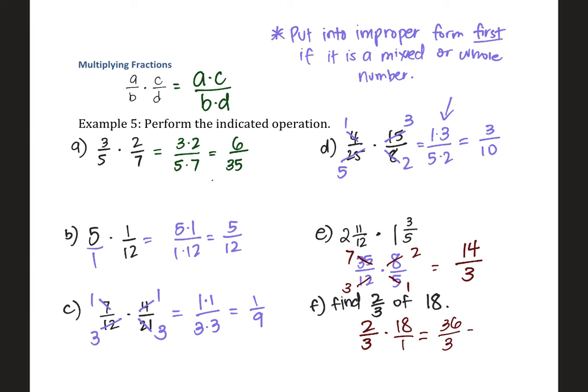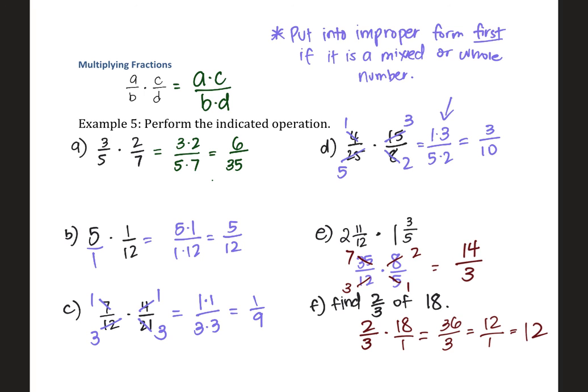So I end up with 12 over 1, which is just 12. Notice that it was a tiny bit more difficult just because I was having to multiply larger numbers. Again, that's why this cross-canceling really comes in handy, especially since we're not allowed to use calculators in this, right?